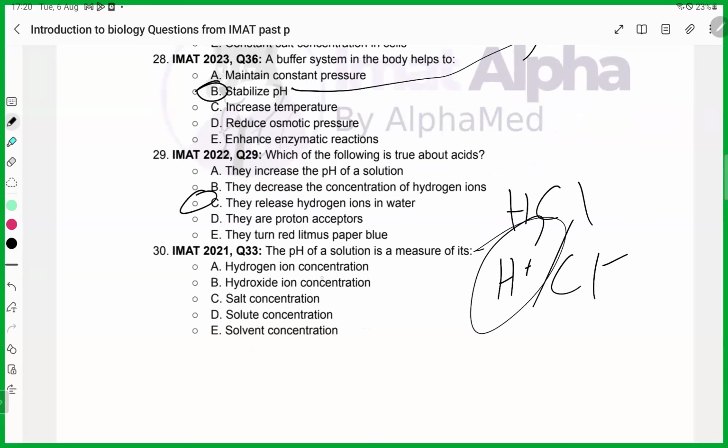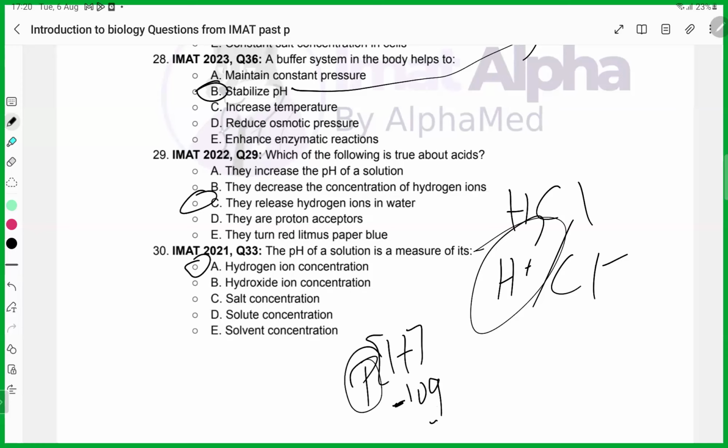The pH of a solution is a measure of its hydrogen ion concentration, hydroxide ion concentration, salt concentration, solute concentration, or solvent concentration. Of course, pH means hydrogen ion concentration. When we see the pH, P means minus log, the negative sign of the log of the concentration of H plus.